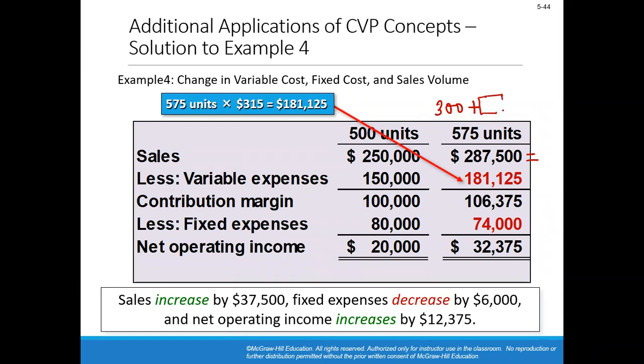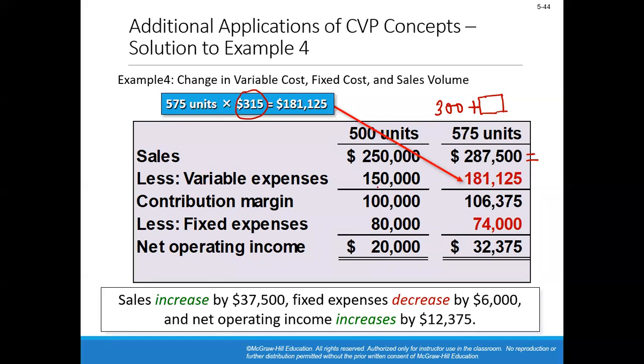The new variable expense includes the sales commission per bike, which is $15 per unit. So our variable expense should be $315, and if we multiply this by 575, we get 181,125. And we see that our fixed expense is expected to go down by 6,000.